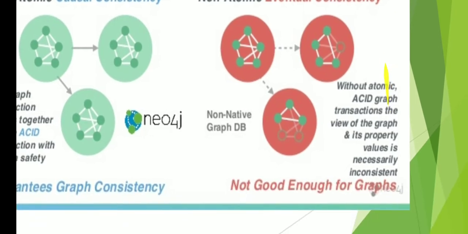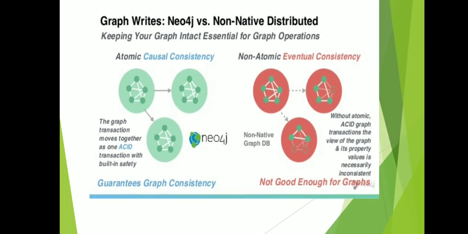Without atomic ACID graph transactions, the view of the graph and its property values is necessarily inconsistent. So if your application needs consistency, it is better to use Neo4j instead of some non-native graph databases.